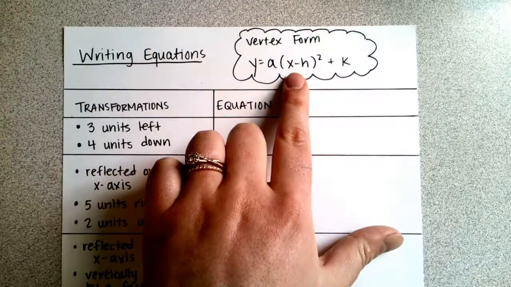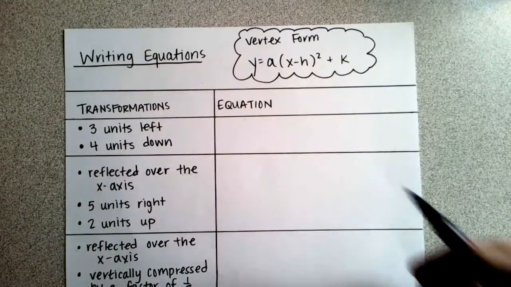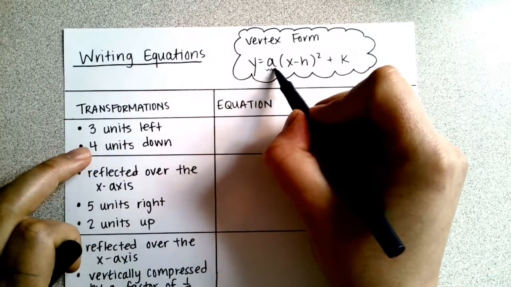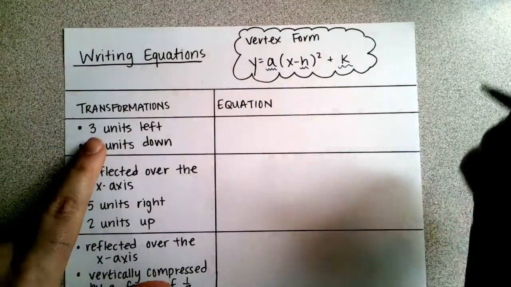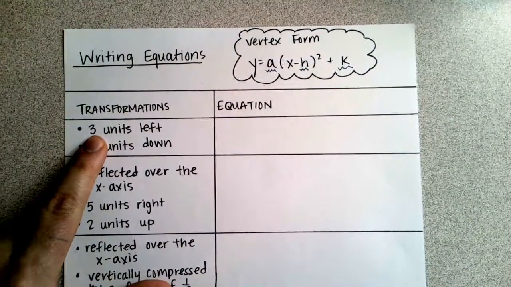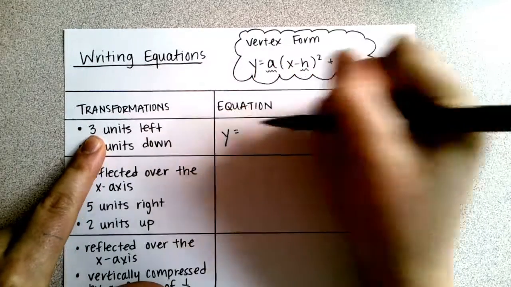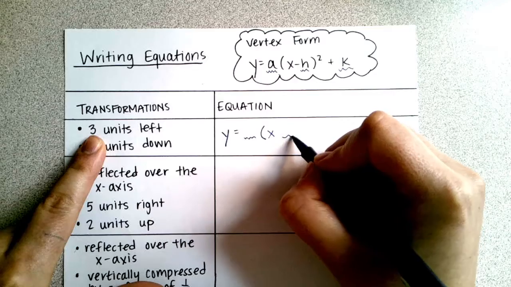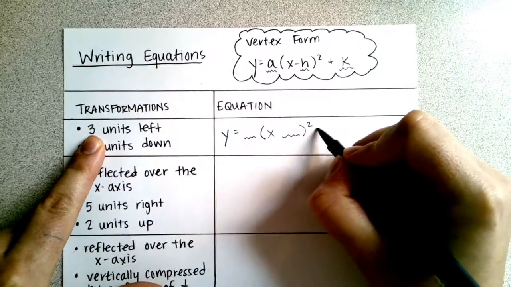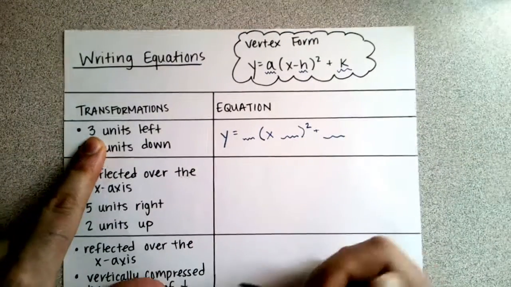Well, we know what form our equation is supposed to have. We're basically filling in values for a, h, or k. So this function, I'm going to leave like a little skeleton. We might have something for a here, we might have something to put for h, and we might have something to put for k.